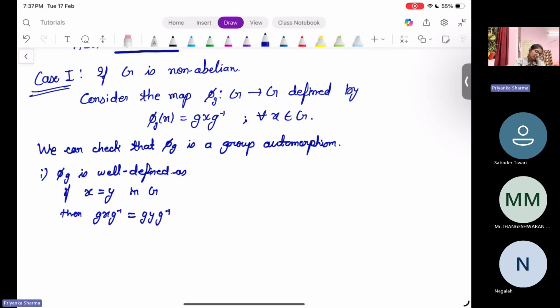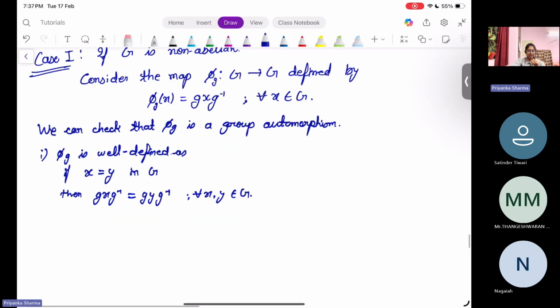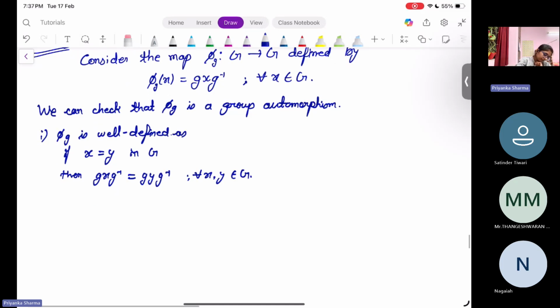Like if you multiply g by left and g inverse by right, then you will get gxg inverse is gyg inverse for all x and y belongs to G. What does it mean? It means that every element in G has a unique image. Okay, it cannot have more than one image, so the map is well defined.